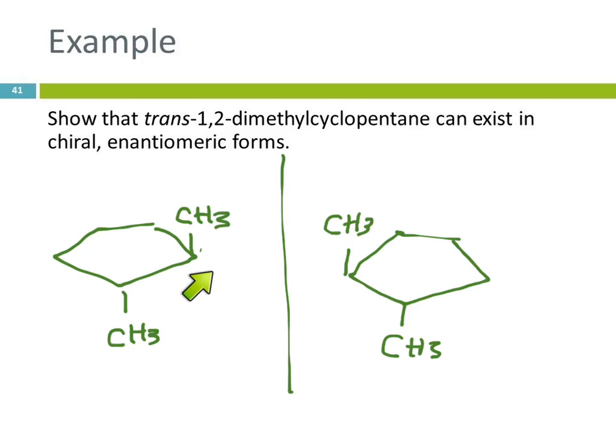You can't do it. Because if you swing this around so that you match these guys up, where is this methyl group? It's going to be on this carbon, isn't it? And if you line these guys up, then this one is going to be on this carbon. They're not superimposable. Mirror images, and you can't superimpose them. These are enantiomers. This is a chiral molecule. Any questions?